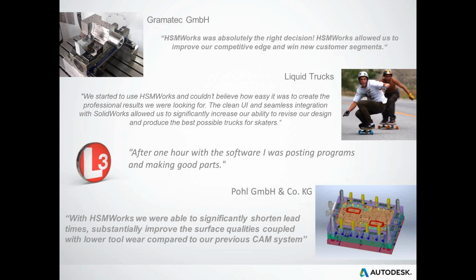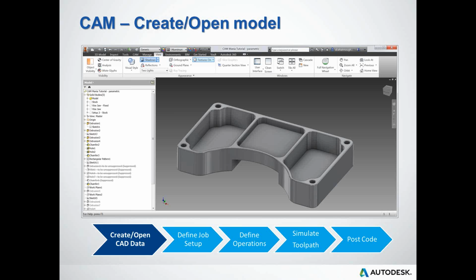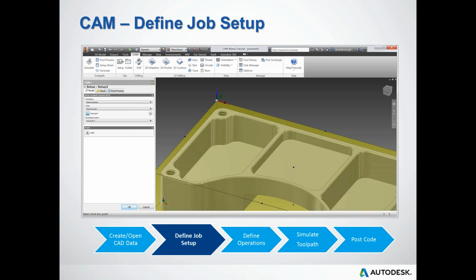Just a quick workflow, then I'll jump into the product. Basically, you open up the CAD data file, whether you're an Inventor or SolidWorks, it's just the IPT or the IAM. Sitting on your screen, you define a setup, or where is 00 out on the shop floor at the machine.